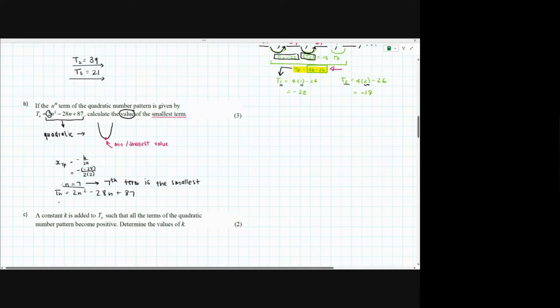We figure out the value of term 7: 2 times 7 squared minus 28 times 7 plus 87. We get that term 7 has a value of negative 11. So the smallest value of this quadratic is negative 11, which is term 7 in my sequence.